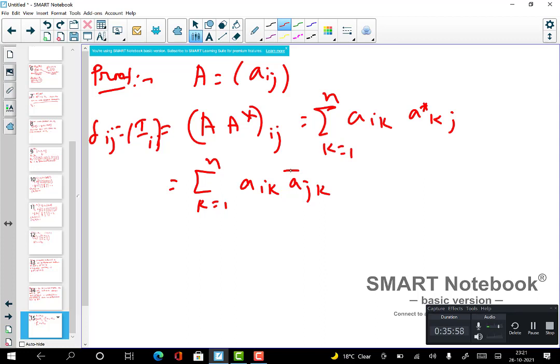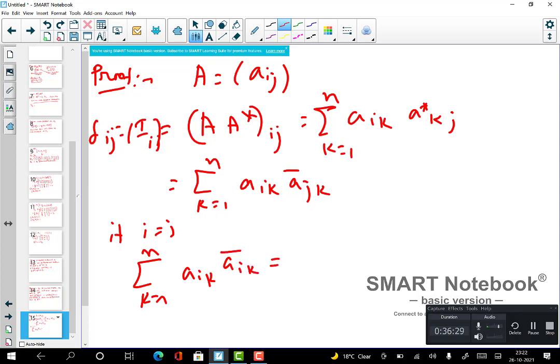So that tells you they form an orthogonal basis. Delta ij equals this sum, and if i equals j, then the sum over k equal to 1 to n of a_ik times a_ik bar is 1.